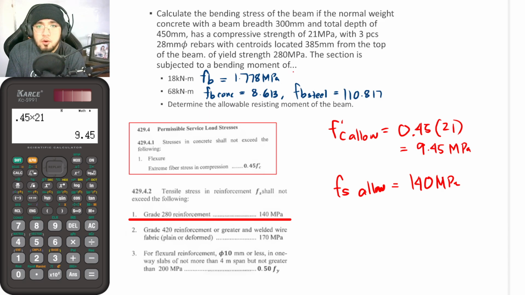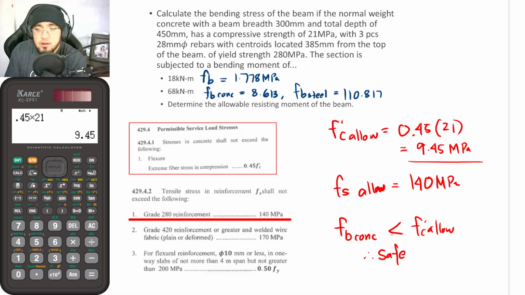So if you would now be comparing all of these stresses, for concrete, the maximum stress that we have solved for is 8.613. And if you would be seeing the allowable, it means that it is safe. So if the FB concrete is less than the F prime C allowable, meaning that it is safe in concrete.